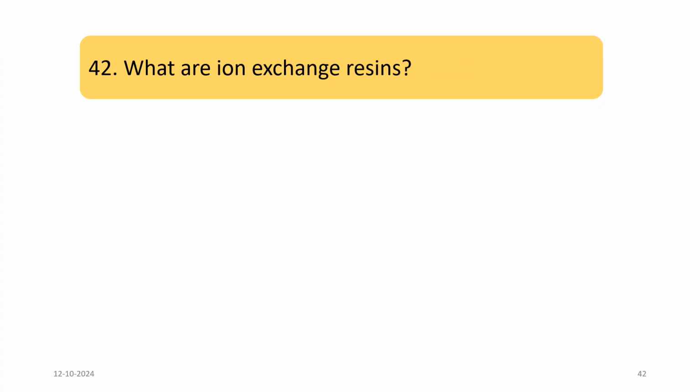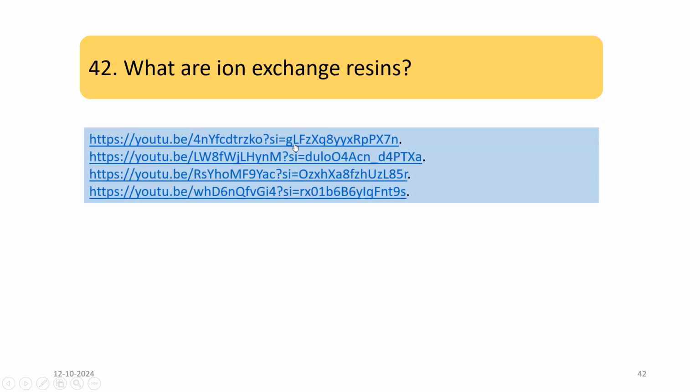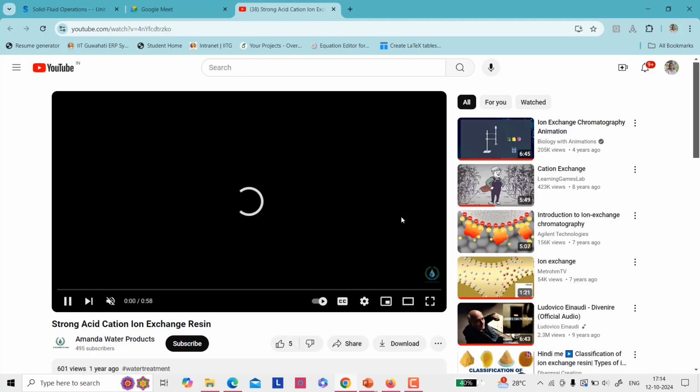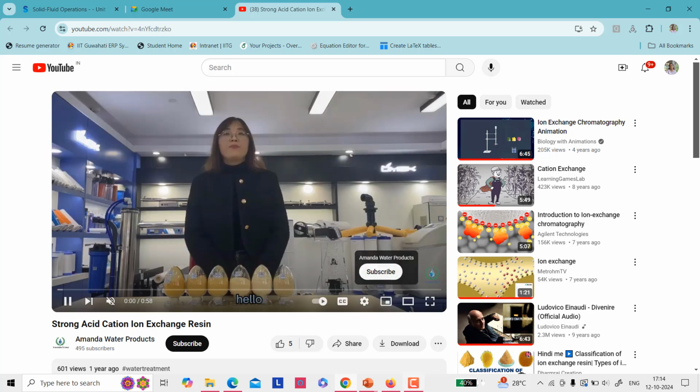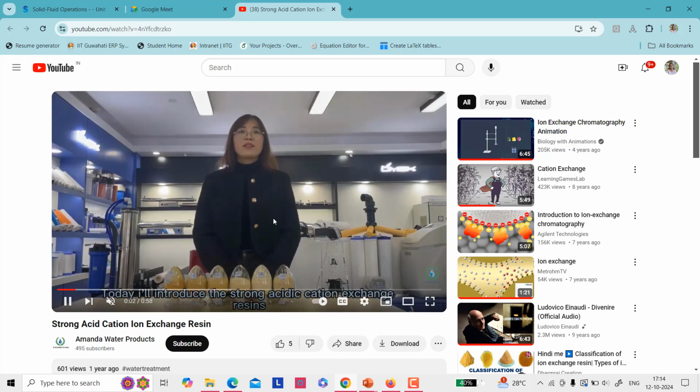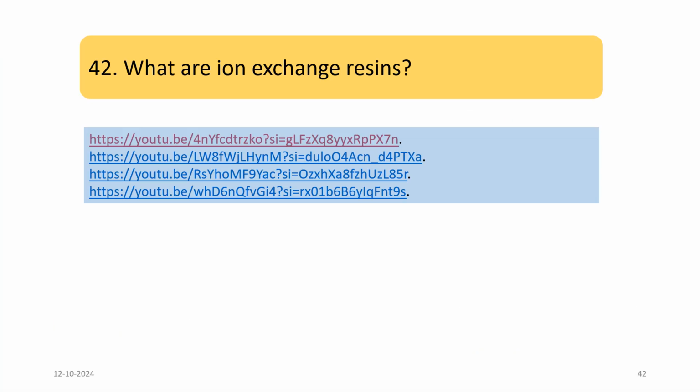So in case of ion exchange resins, we can say there are strong acid cation resins, weak acid cation resins, strong base anion resins, and weak base anion resins. These are four types of ion exchange resins. In case of strong acid cation resins, the sulfonic acid group is used, and in case of weak acid cation resins, the carboxylic acid group is used.